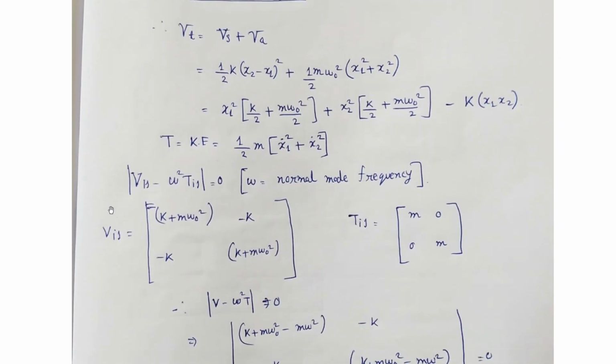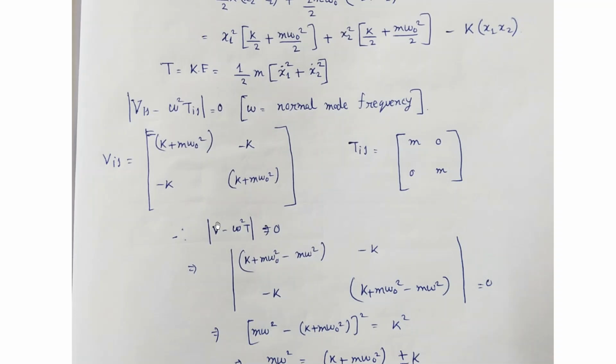Now you can find the normal modes by the usual technique, that is determinant of V minus omega square T is 0. You can calculate the matrix Vij, that is del 2 V del x1 square, del 2 V del x1 del x2, this kind of terms. So this is the V matrix, and the Tij matrix is similar, that is diagonal, and the diagonal terms are m.